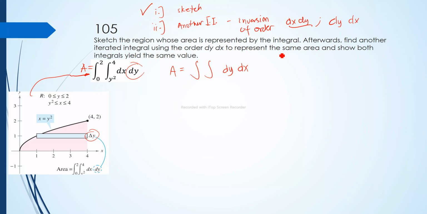Since if you look at the outer integral, it is x. It means that for the inverted iterated integral, we'll be using the vertical rectangle.